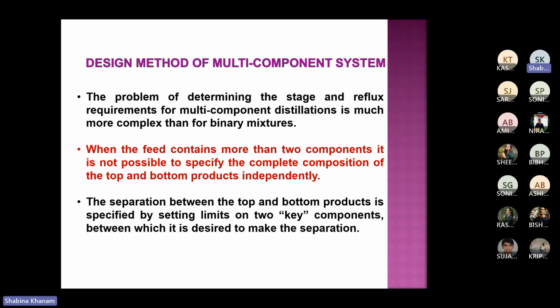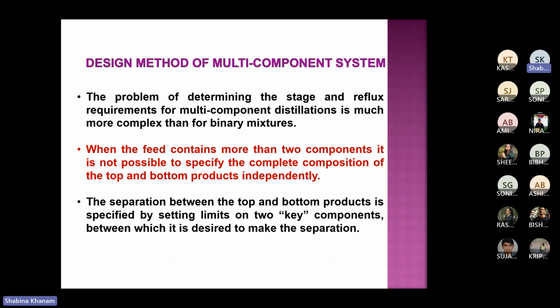So in a multi-component system, we basically define the key components, and we consider separation between these two components only. Above that, whatever components are available would be collected with the distillate, and the heavier components beyond the heavy key would be collected as bottom product.